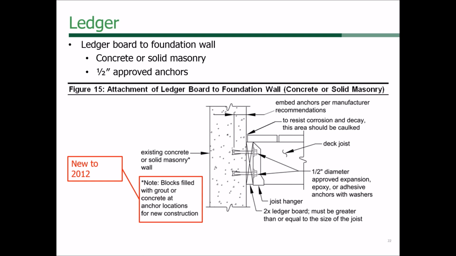So we wanted it to have a good grip, and so we basically said, look, we don't want homeowners or whomever drilling a hole into the CMU and trying to fill it in with grout and then not being sure how well they did or not. So we're limiting this to basically new construction situations. And you've got that 1/2-inch diameter approved expansion epoxy, basically a mechanical connection of some way, shape, or form.